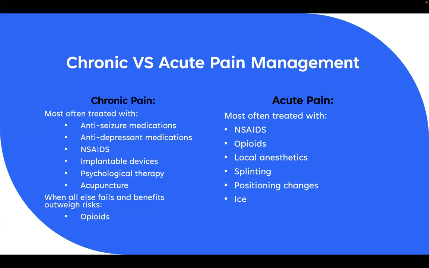And then when all else fails and benefits outweigh the risks, opioids might be considered. And then with acute pain, most often it's going to be treated with some anti-inflammatory, some Tylenol, splinting, positioning changes. If it's severe enough, they might add some opioids to it.